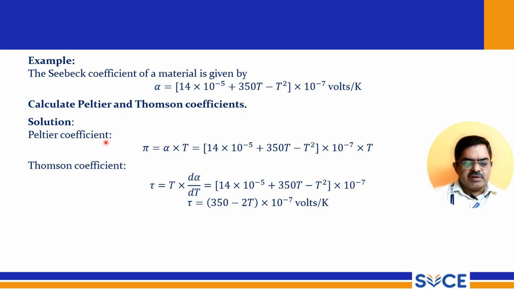Here the Peltier coefficient pi is equal to alpha into T, where alpha is the Seebeck coefficient. And the Thomson coefficient tau is equal to T into d alpha by dT. So here tau is also in terms of T.